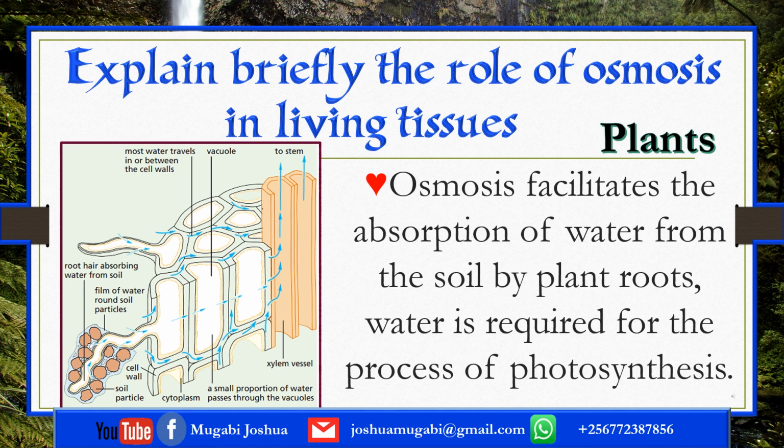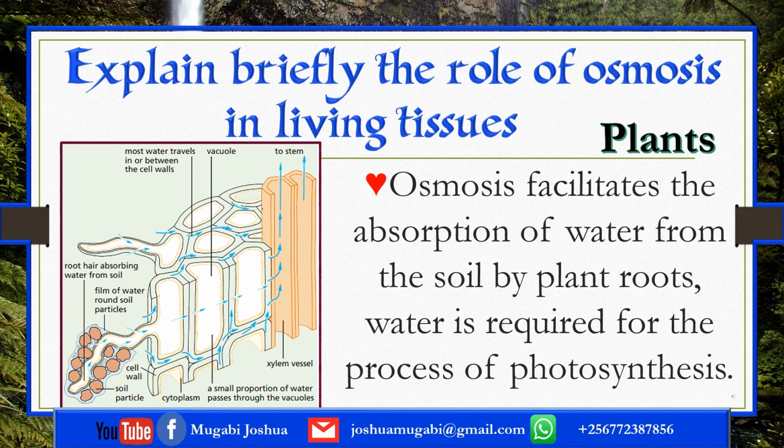So when you look at our diagram, we have the root hairs. The root hairs are surrounded by soil particles with a film of water around the soil particle. The root hairs will absorb the water from the soil by means of osmosis.